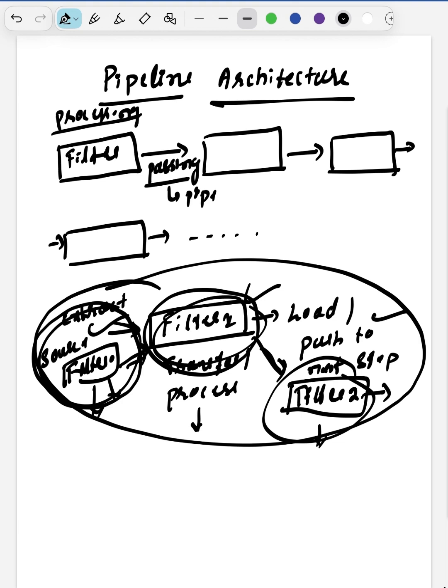Again, ETL is extract, transform, load: three steps and two pipes joining them. Wherever we have data moving from one system to another through predictable, ordered steps, we have pipeline architecture.